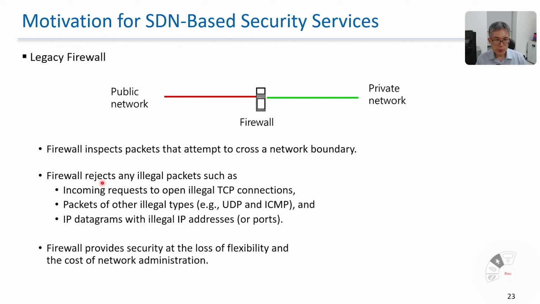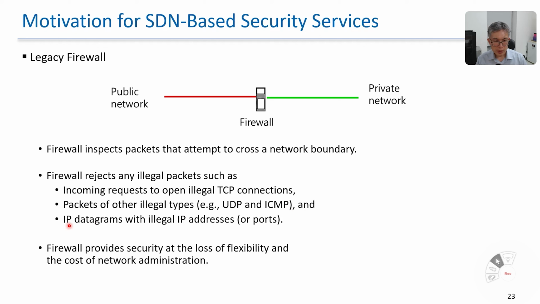So the firewall rejects any illegal or malicious packets, such as incoming requests to open illegal TCP connections or packets of other illegal types, UDP and ICMP, Internet Control Message Protocol, or control for IP layer packets.